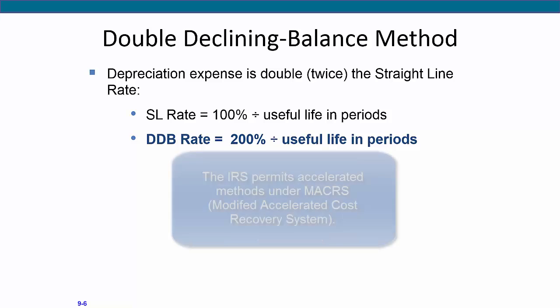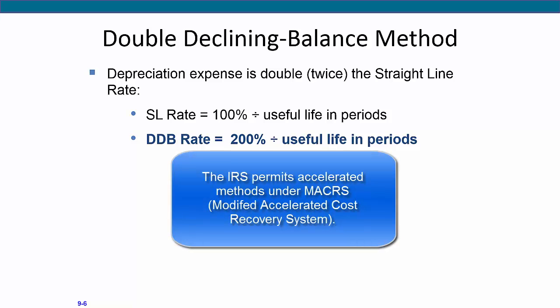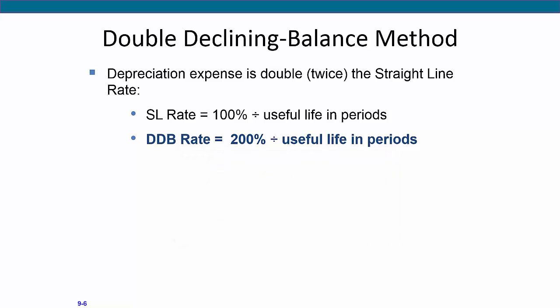The IRS permits the use of accelerated depreciation methods under the Modified Accelerated Cost Recovery System, MACRS, in other words. By taking more depreciation expense sooner, companies reduce net income, pay lower taxes, and have more cash available for investment in the economy.